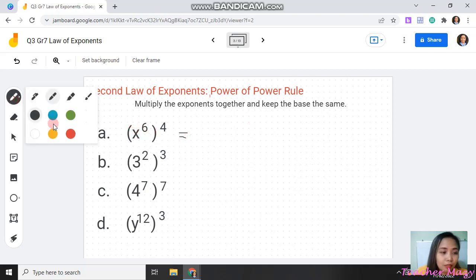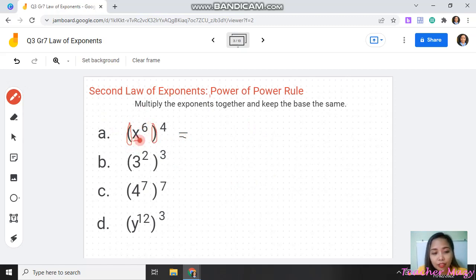As you can see, we have a parenthesis here. We have the base, which is x, and the exponent of this base is 6, and there is another exponent outside the parenthesis. When the given is like this, you need to multiply the exponents together.